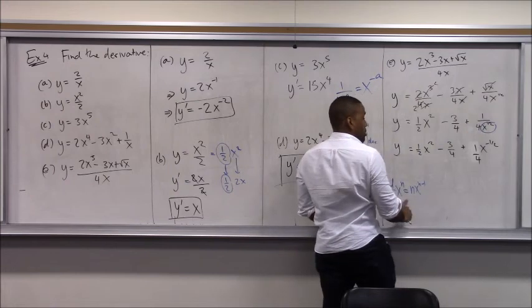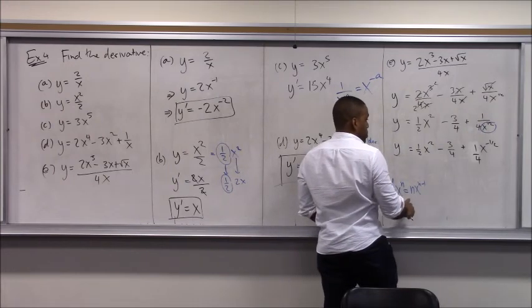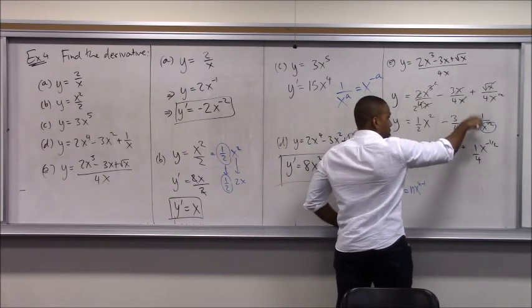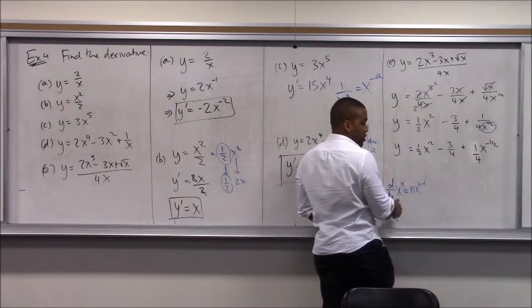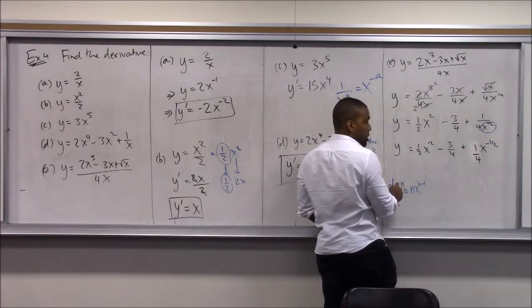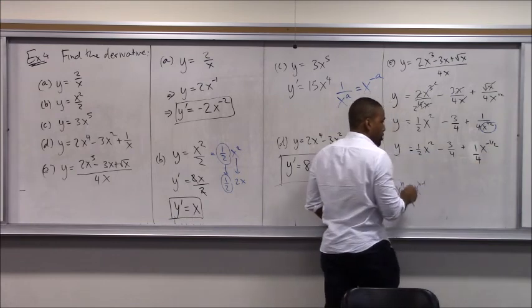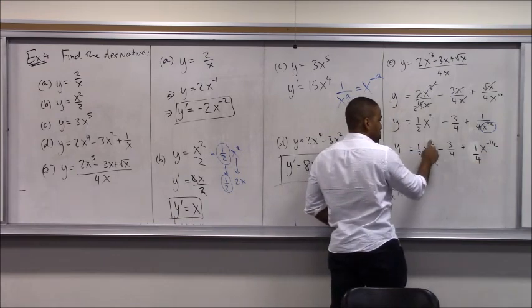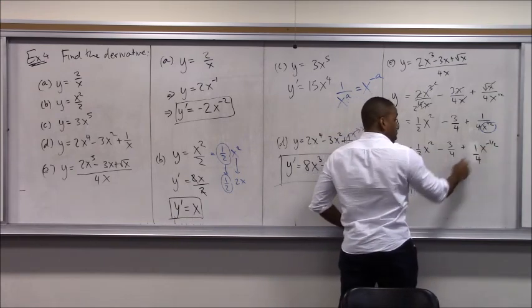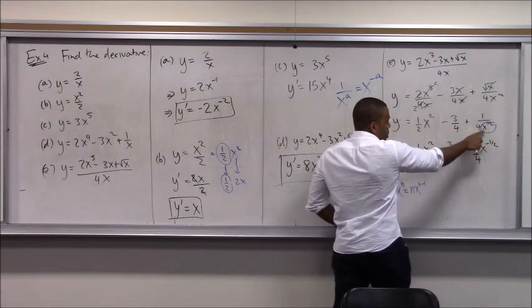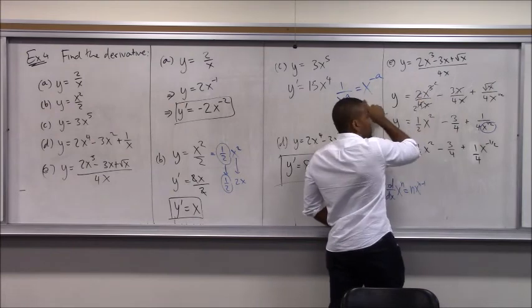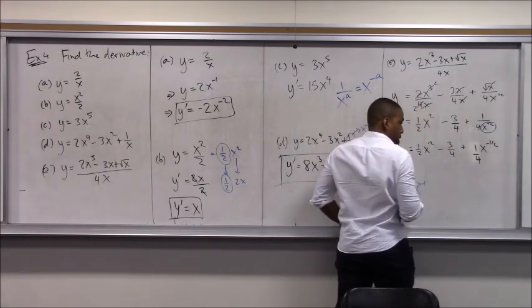The rules tell me what I'm allowed to do. I do not have a rule that has an x in a denominator. I only have a rule that tells me how to deal with x to a power. So if I'm going to apply a rule, I have to write everything so that it looks like x to a power. So then I'm going to think, what allows me to write 1 over x to the half as x to a power? That does. Bring it up, make the power negative.